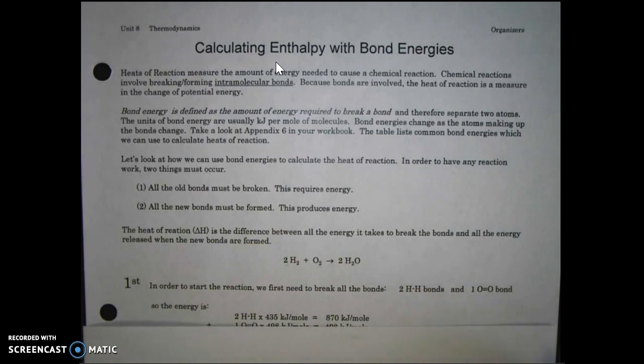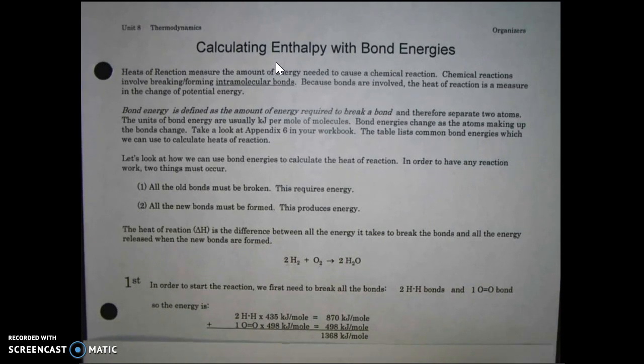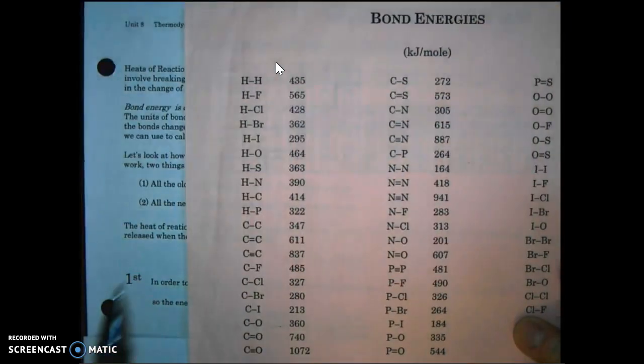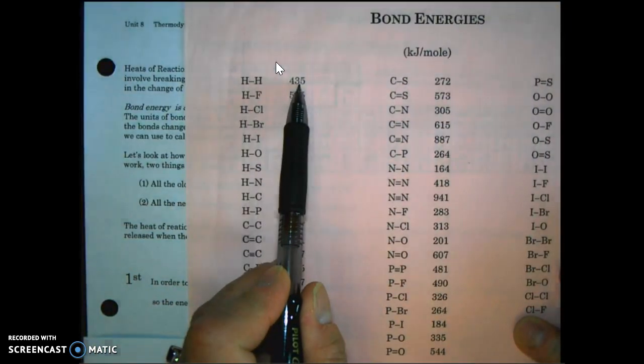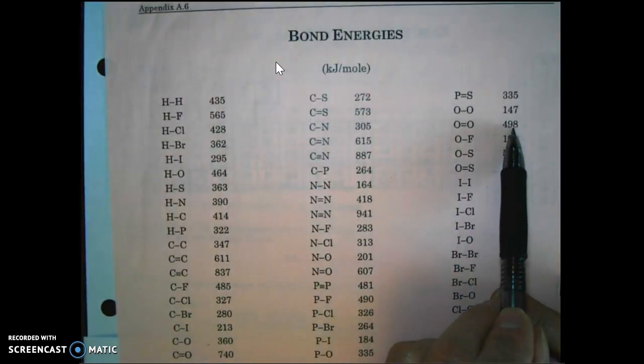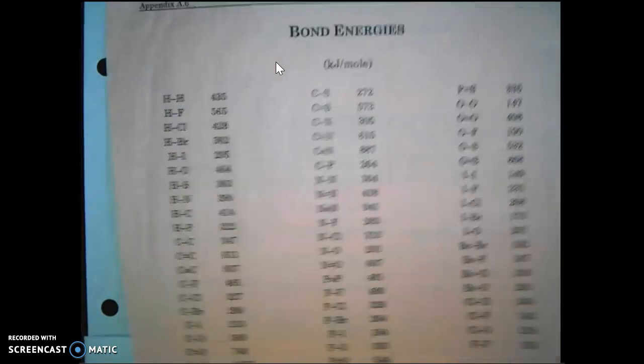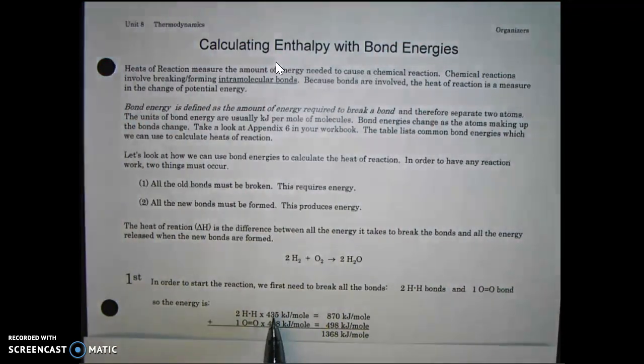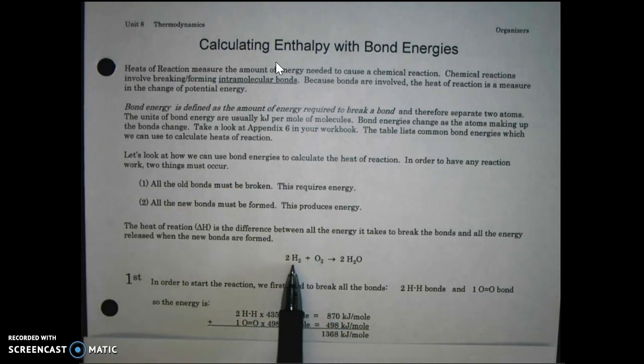So here's the amount of energy that it's going to take to break all those bonds. We've got 2 H-H bonds, and if you look at your sheet, an H-H bond is 435. And then an O=O double bond is 498. So that's where I got these two numbers. 2 times 435 is 870, so I'm going to have to add 870 kilojoules per mole to break all of this.